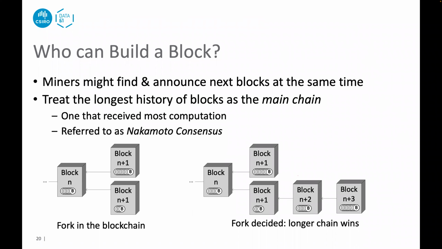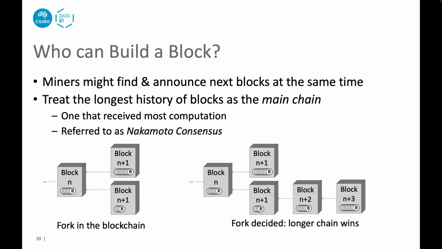Now you have two alternative versions of your state, because the set of transactions in this block may not necessarily be the set of transactions in this block. So you need a way to resolve the conflicts among these blocks. That is where you have what is called the Nakamoto Consensus.